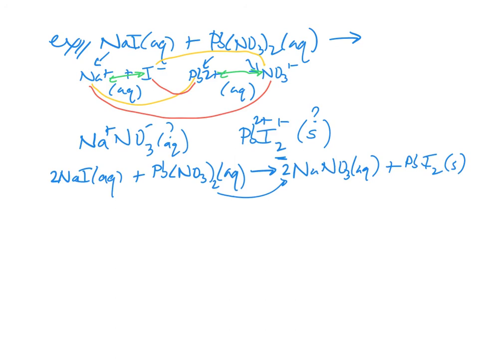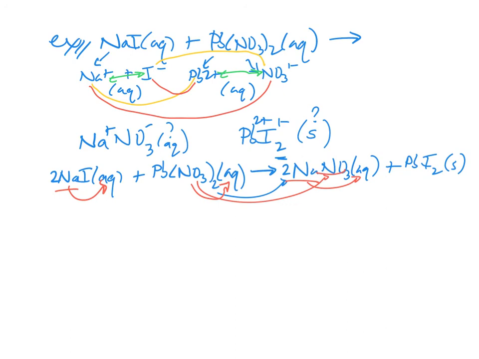If we were to look at the net ionic equation, we would notice that the Na is aqueous here, as is the nitrate being aqueous here. So the Na is still aqueous right there, and the nitrate is still aqueous right there.